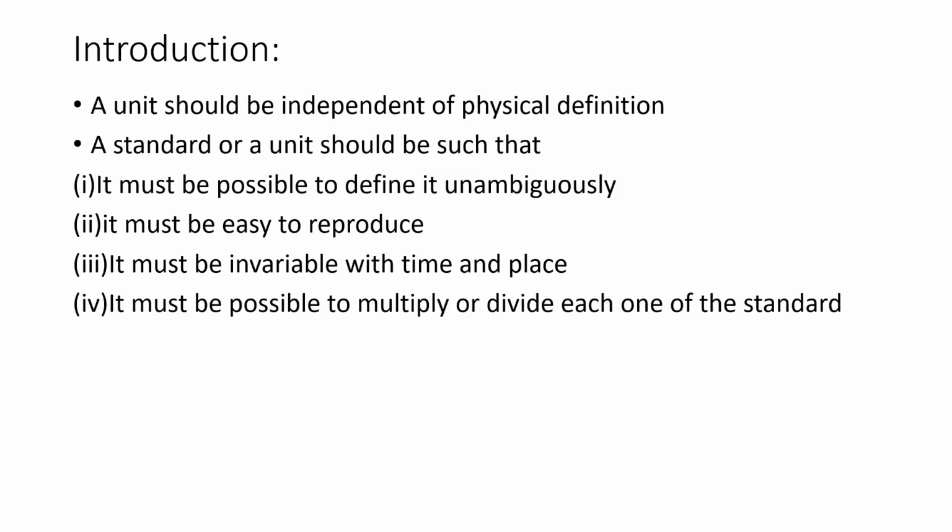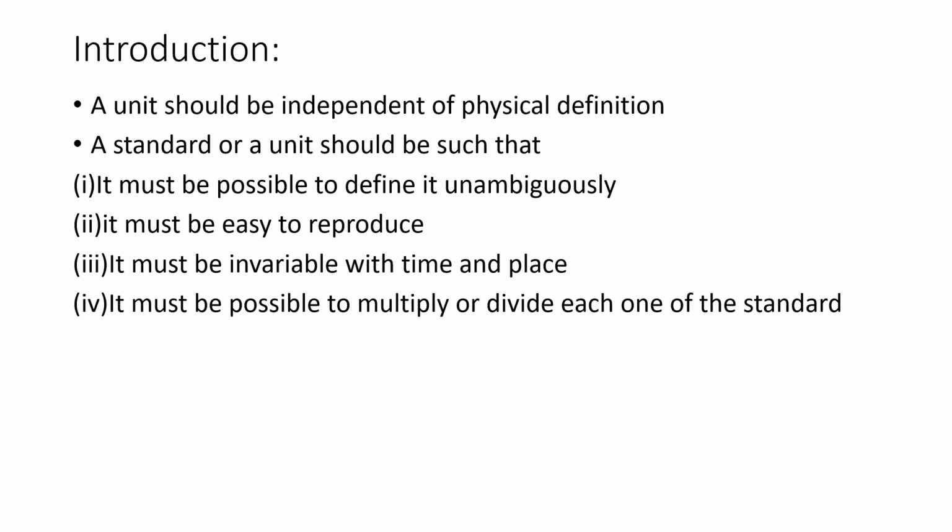So, how should a unit be? We are using it as a standard for measurement. So, obviously, it should be independent of physical definition. So, if I mean 1 kilogram of something, that 1 kilogram should be the same all over the world.